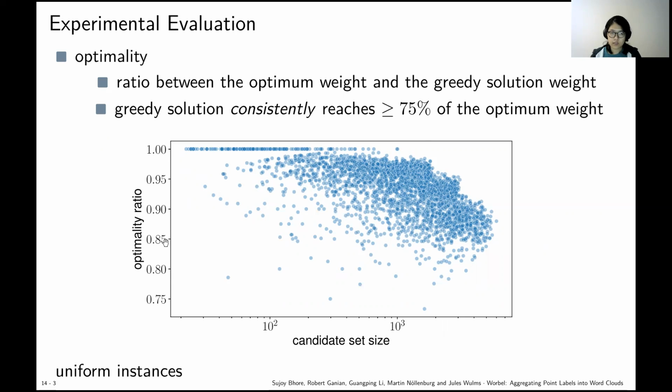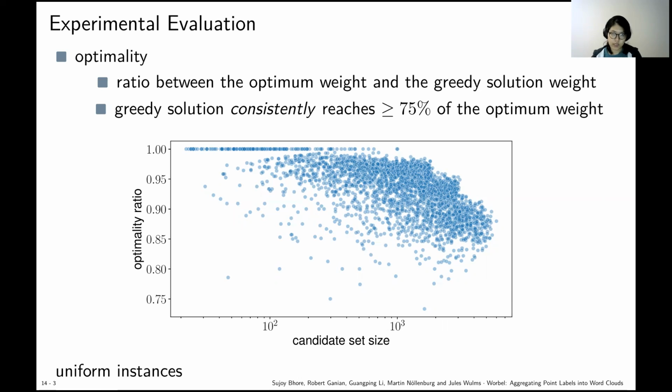In most cases, it reached even more than 85%. So in one word, in our experiment, the greedy approach could provide reasonable solutions in a very reasonable running time.